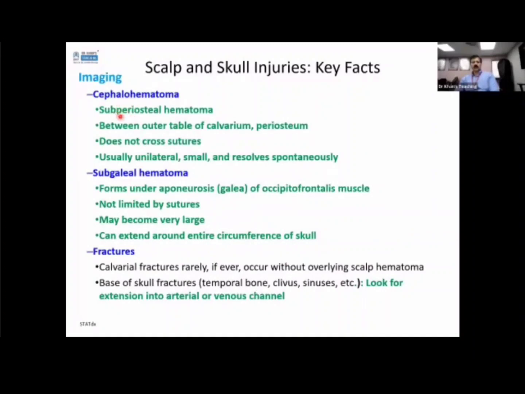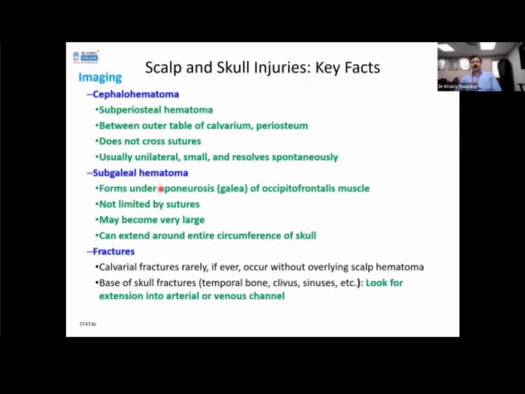A cephalohematoma is a subperiosteal hematoma in between the outer table of the calvarium and the periosteum. It is actually the opposite of an epidural hematoma. It is like an epidural hematoma but sitting outside the skull, and this is seen in infants.